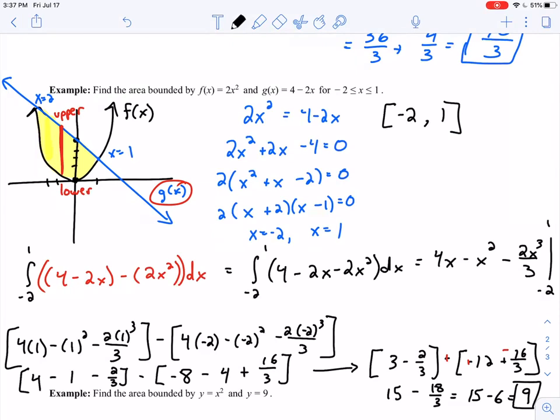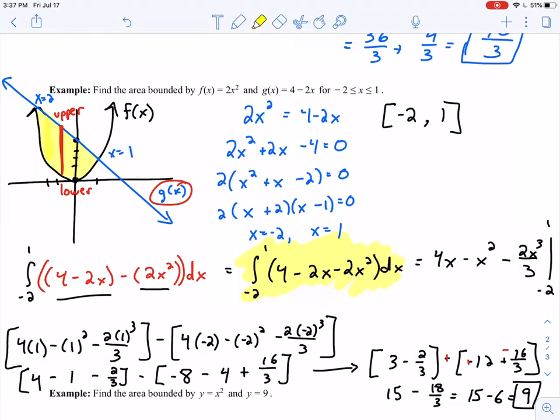We set up our definite integral. We said here's our upper curve, that is g of x, that's the blue function, minus my lower function, 2x squared, which is the black function, the parabola. And then we just evaluated this definite integral. So there are a lot of steps to these, but once you get this problem set up, once we got to, say, this step right here, this should feel really familiar to the types of problems that we were doing in the last section.